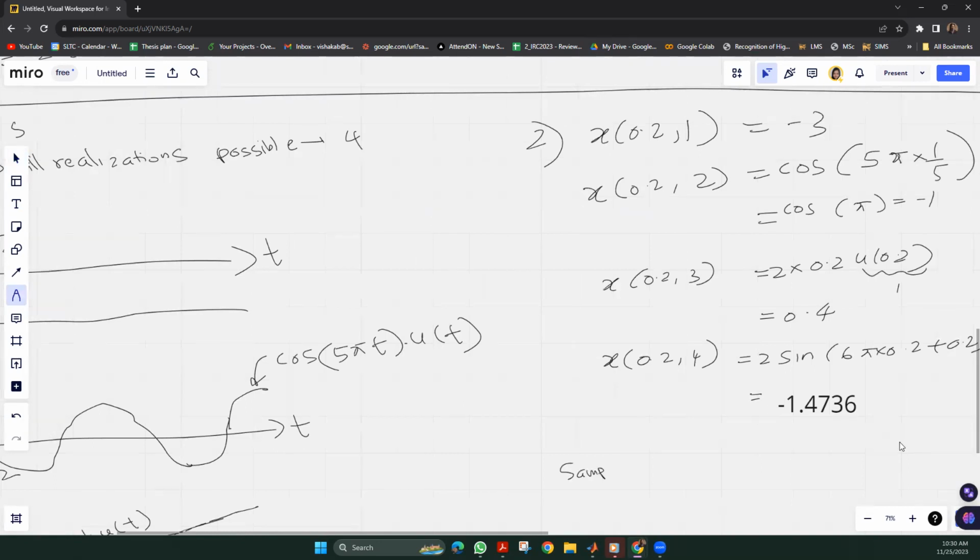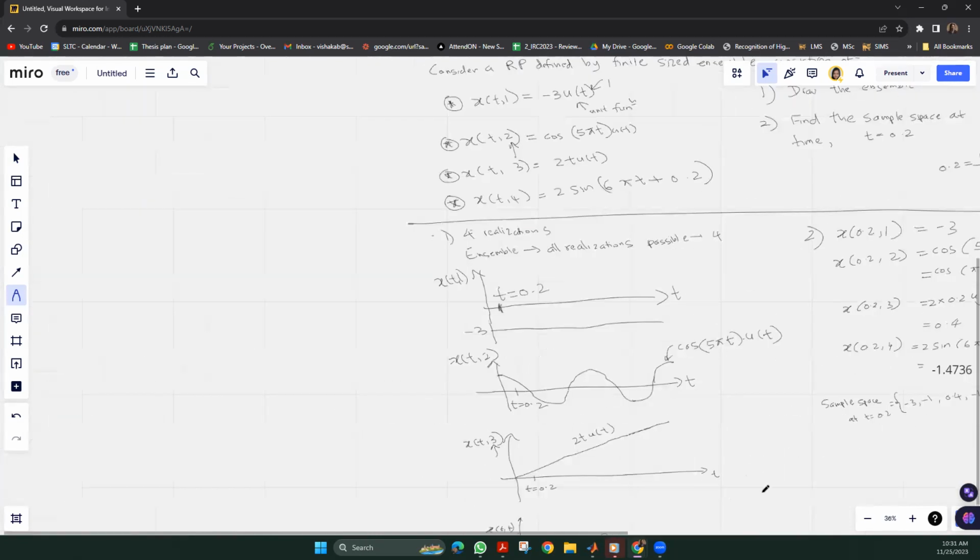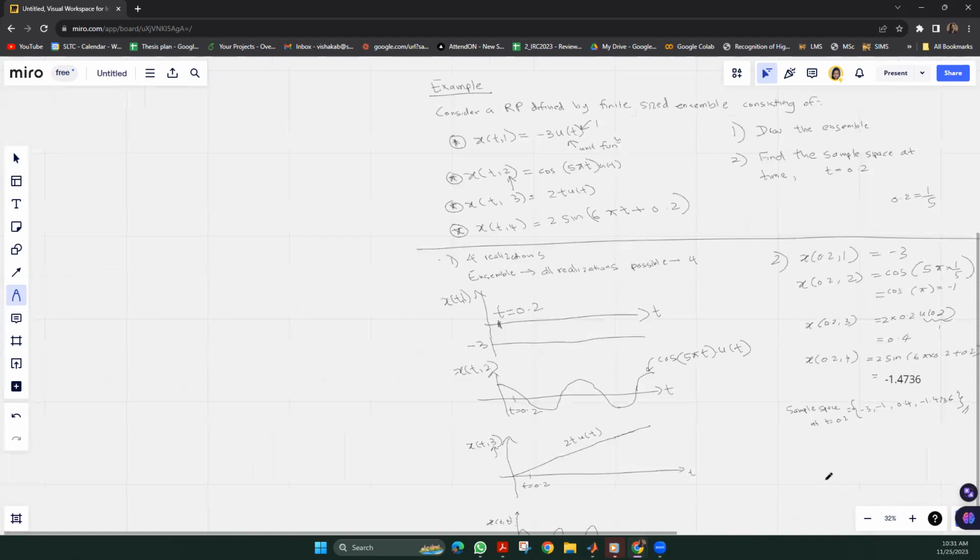So the sample space at time equals 0.2 is, inside brackets, -3, -1, 0.4, 1.4736. Do you have any questions so far? These are the answers or solutions we can compute for this question. Do you have any questions?